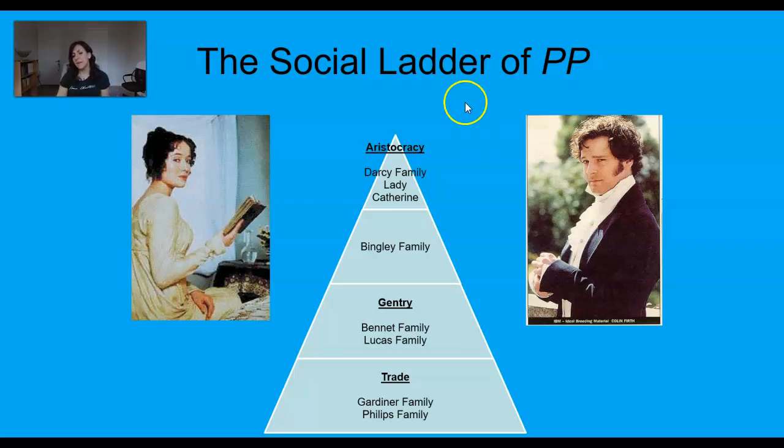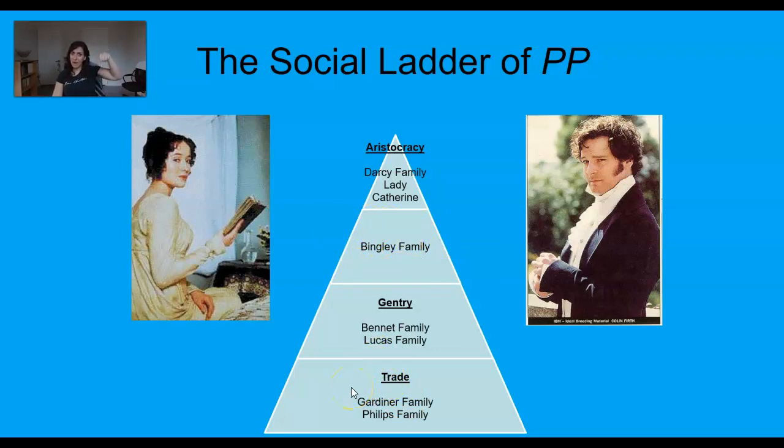Then comes, notice that this is technically under the aristocracy, but I put the Bingley family in its own category. Why did I separate the Bingley family, who also happen to be very rich, from the Darcys and Lady Catherine? Well, because the Bingley family does not come from generational wealth. In fact, we learned early on in volume 1 that the Bingley family used to be in trade.